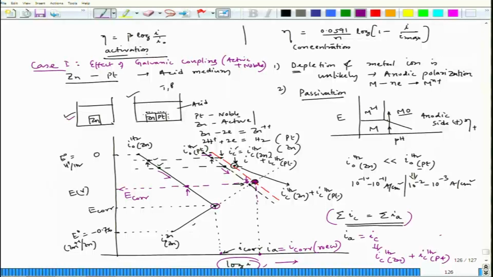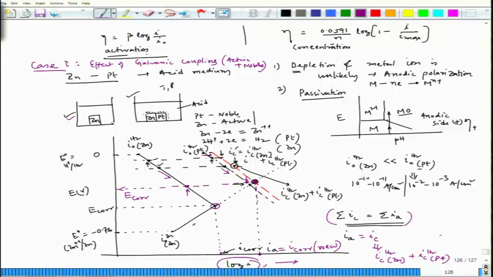The active component has some area, let us say 1 centimeter square, then platinum would also have the same area. Now, interestingly, if it is connected to another component, let us say instead of platinum we add platinized platinum, in that case the corrosion rate would further increase.